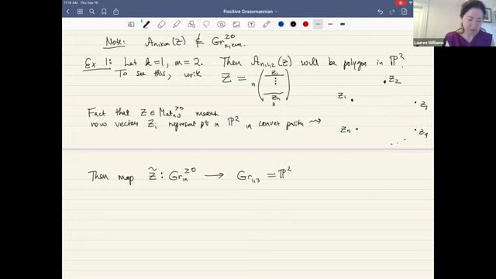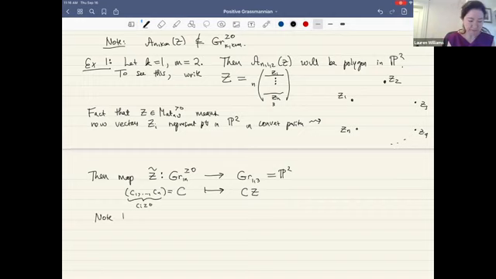Recall we're taking a matrix C, which in this case is just a vector, C1 through Cn, and we're mapping it to C times Z. The non-negativity of the Plücker coordinates means that all of these Ci are non-negative. So the amplituhedron map is just this simple matrix multiplication.